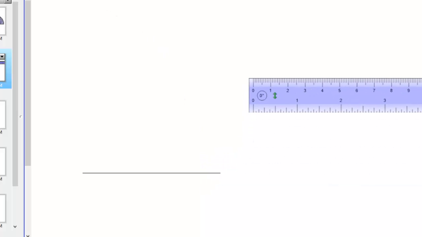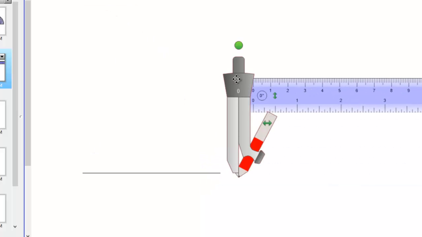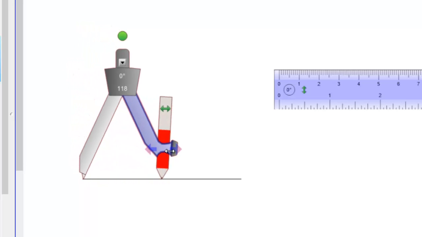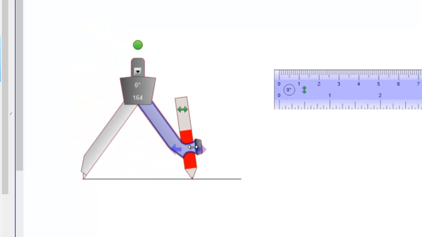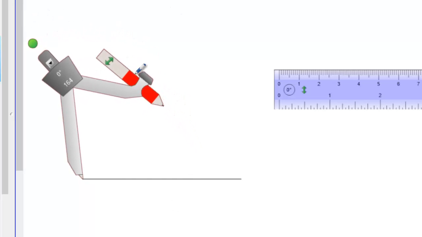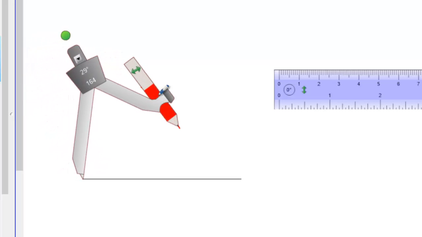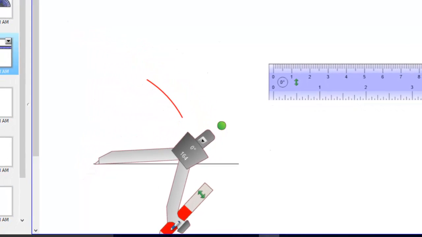I need to use the compass. If you remember from the previous lesson, we open the compass with a distance more than half. And after that, I need to draw an arc up and another one down.